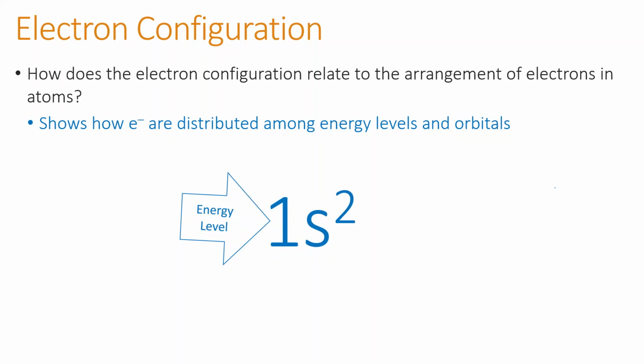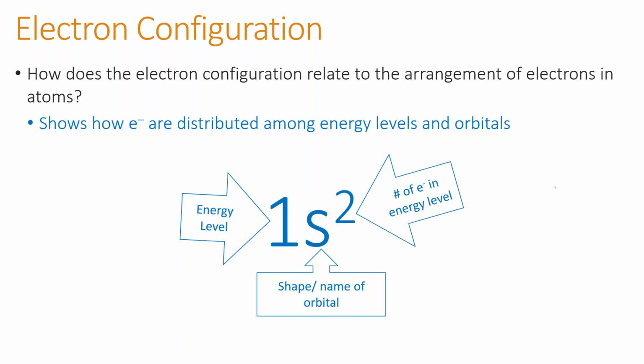The 1 here is the energy level, the S is the shape or name of the orbital, and this 2 is telling me how many electrons are in that energy level and in that orbital. If this were an address, you could think of this as 2 electrons live on First Street in an S-shaped house.